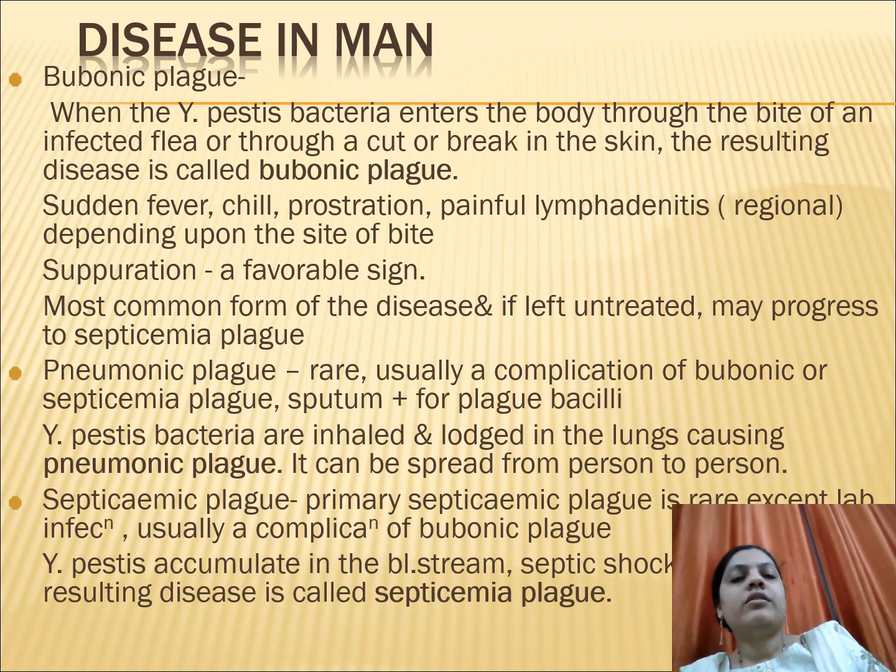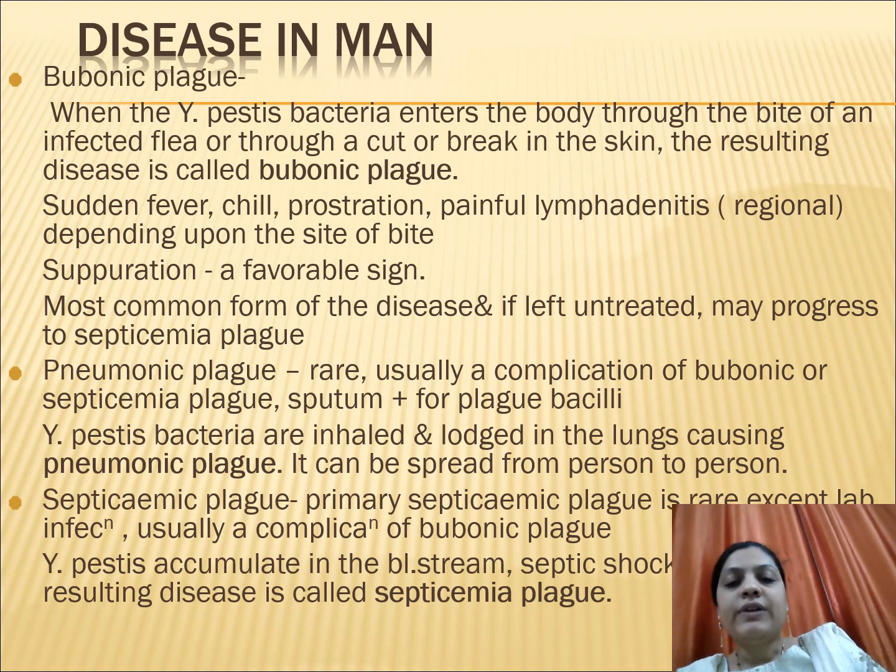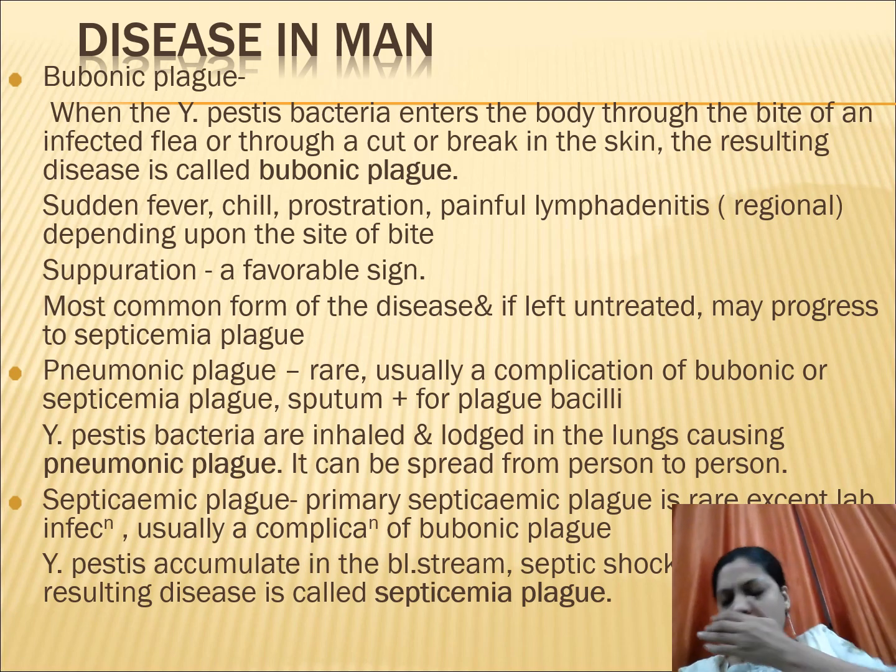There is a sudden fever, chills, prostration, painful lymphadenitis, depending upon the site of the bite. Suppuration is a favorable sign, which means that the infection is localized and it is not spreading.